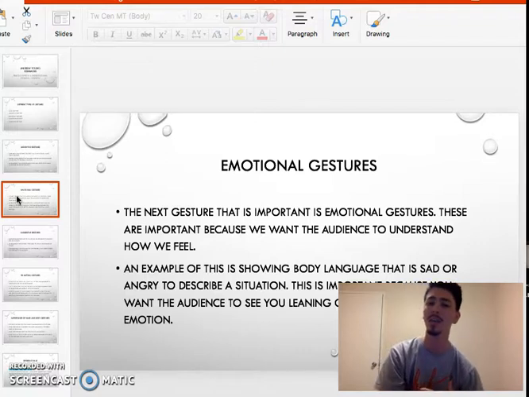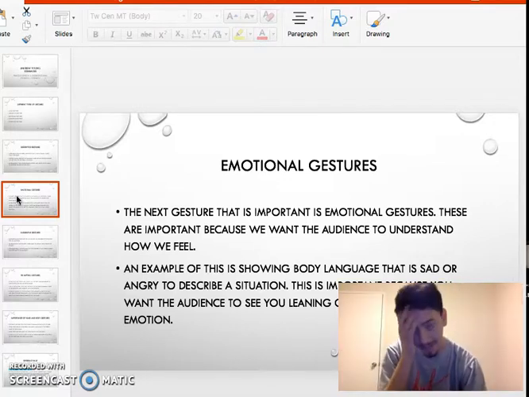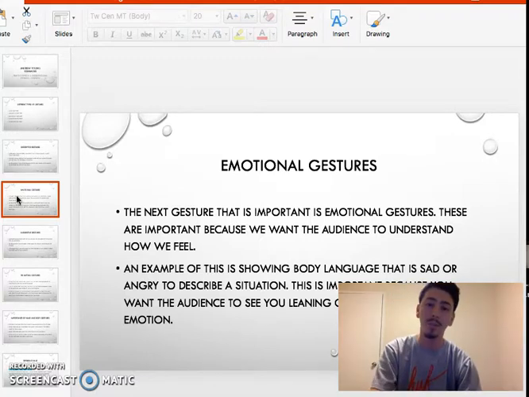Say if you're upset, you could show facial expressions that are angry, or if you're sad, you could have a distraught face, leaning over, just really, really sad. But they'll get the understanding of it, and I think that's why emotional gestures are good.